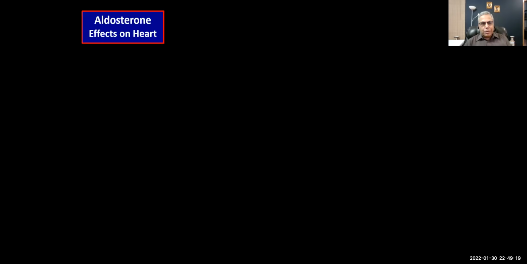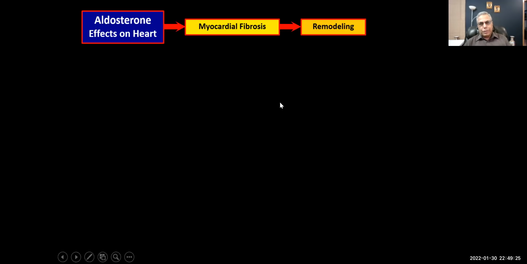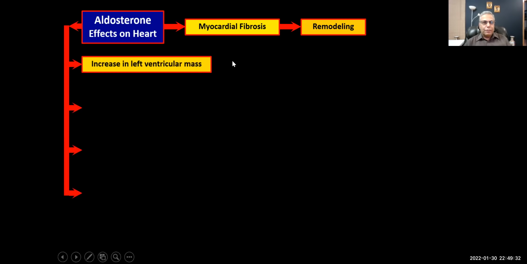Right, let's look at the aldosterone effects on the heart. Many adverse effects on the heart, right? Myocardial fibrosis and remodeling, and fibrosis is always irreversible. Then it has a lot of different effects. Increase in left ventricular mass, right? When the mass increases, the cavity size will decrease. If the wall becomes thicker, the cavity size will decrease, and this increase in mass is not an increase in the number of actin and myosin filaments.